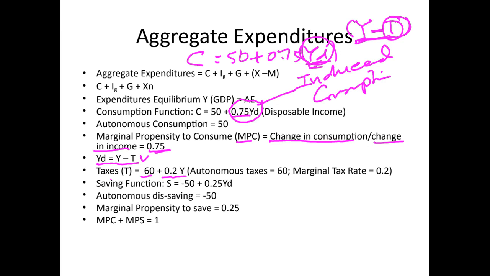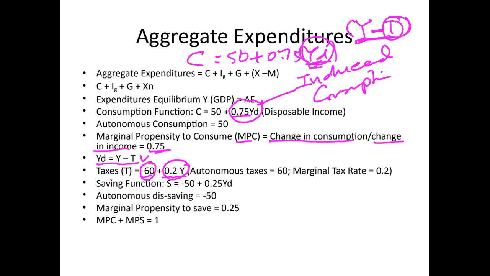So this 60 is autonomous taxes, and this whole term 0.2Y is called induced taxes, like induced consumption. And this coefficient of income, 0.2, is called the marginal tax rate.